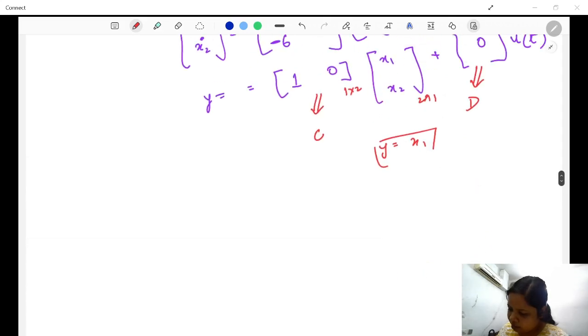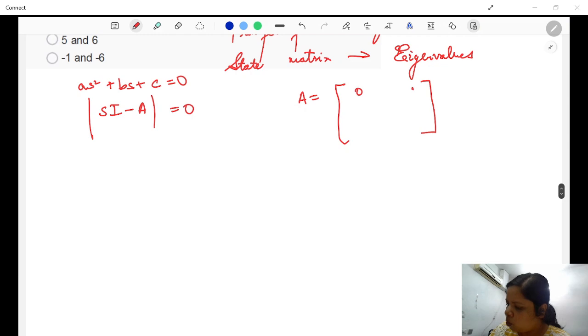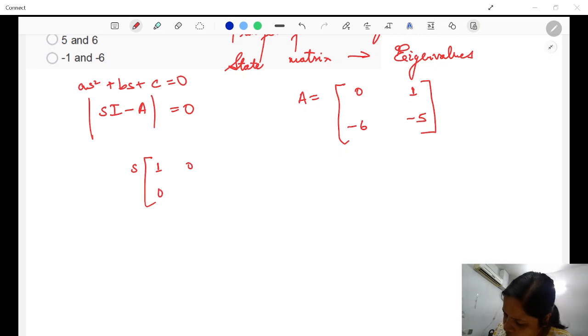It was [0, 1; -6, -5]. So try to do this. sI minus A. What is s? Then I is [1, 0; 0, 1] minus [0, 1; -6, -5].